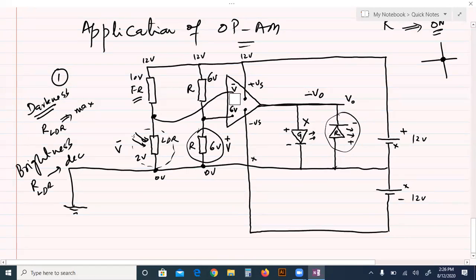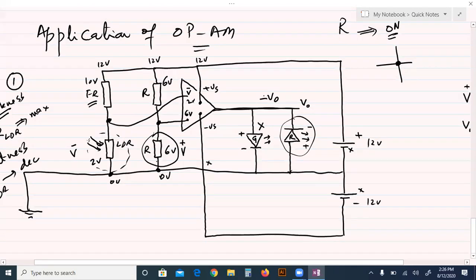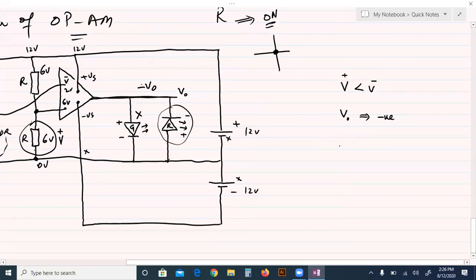So when here 2 volt, this is fixed, so it remains 6. So in this situation, this 6 is greater than 2, meaning non-inverting greater than inverting. So it means output polarity is positive.